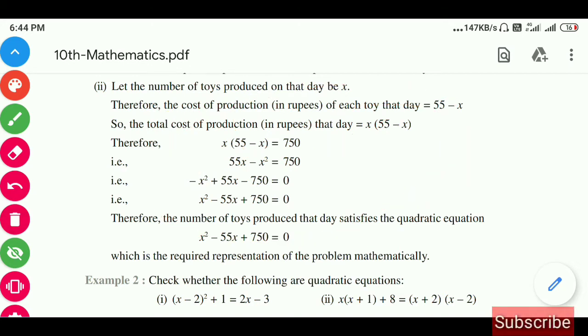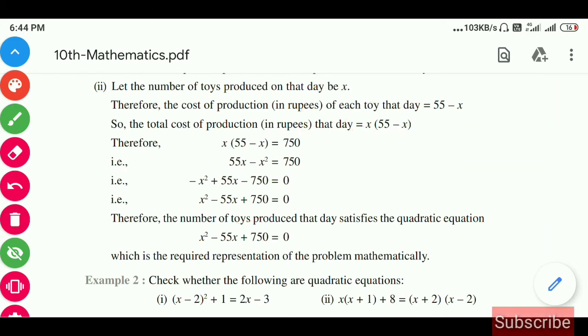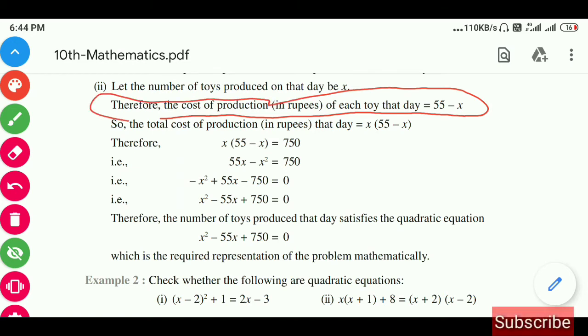So the total cost of production that day will be x into 55 minus x. This is a relation we have for the cost of production of each toy that day. We are given the cost of one toy and the number of toys to be x.